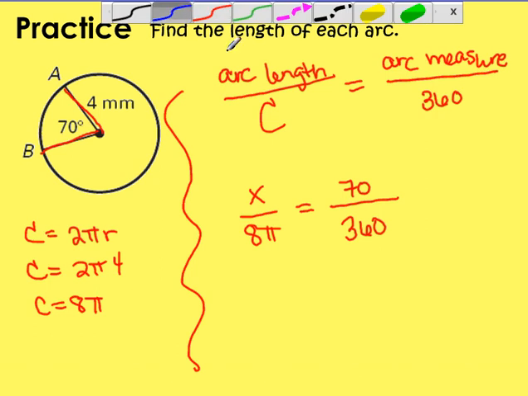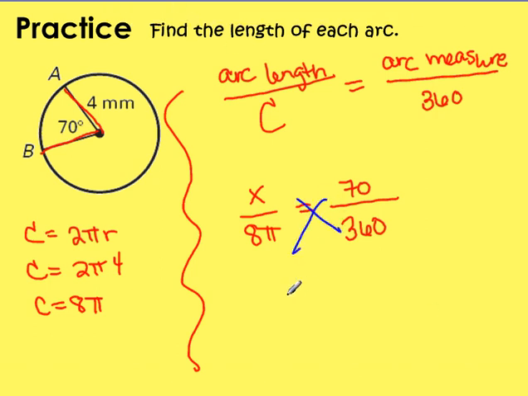From here, once you have your setup, you're cross multiplying and solving. So we can say 360x is equal to 560 pi. And this is where, to get your exact answer, we'll divide both sides by 360 and simplify.